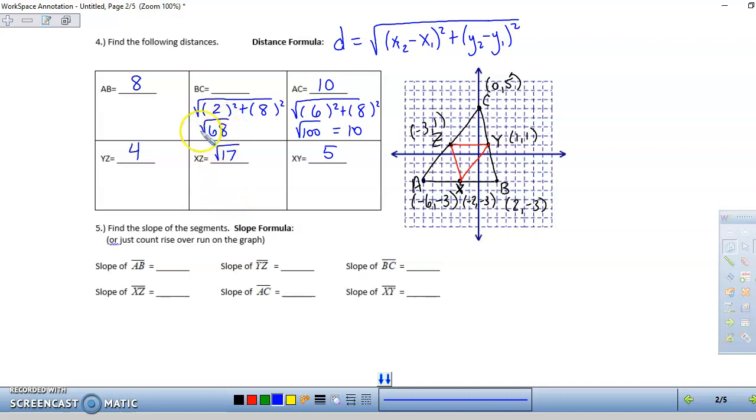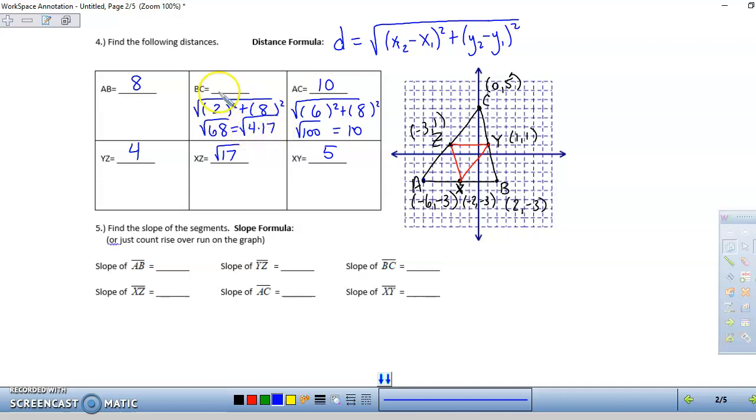Now, what I'm going to do is come back to this guy just very quickly. We're going to review over this in great detail at some other time, but when you have a radical, you can also reduce the radical. So here, the perfect square that would go into 68 would be 4, and in fact it goes into there 17 times.